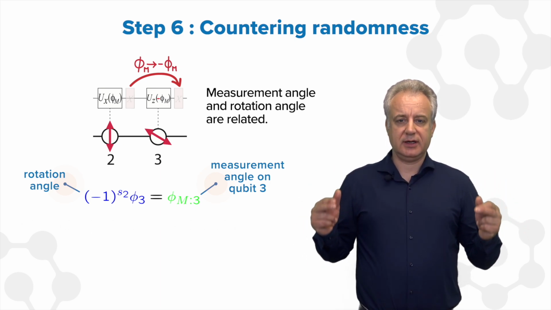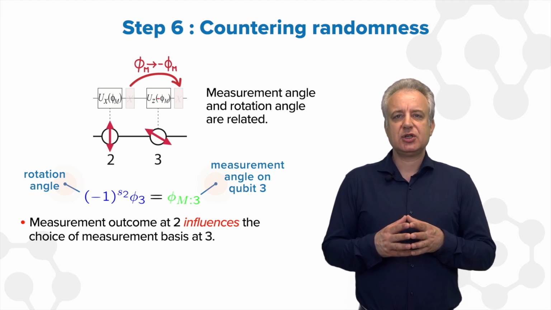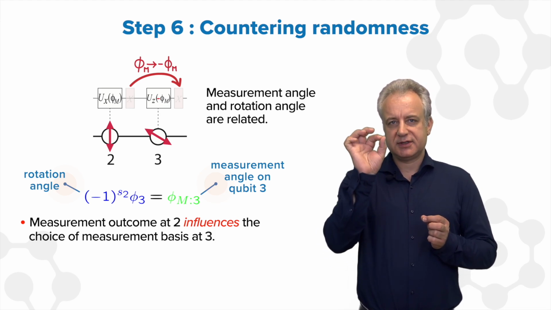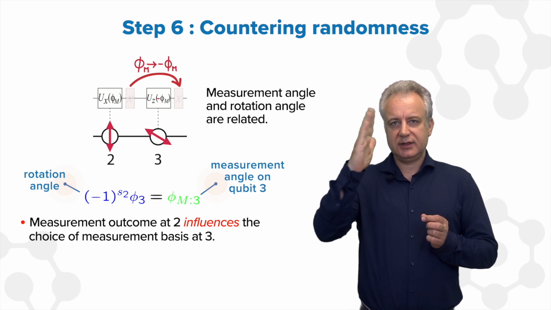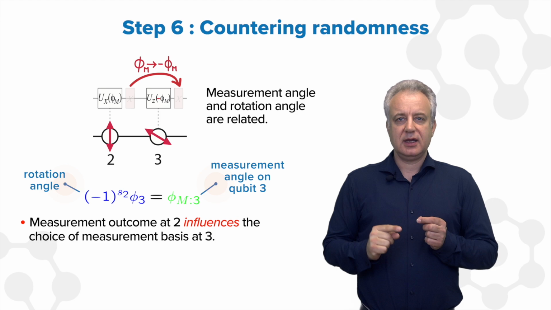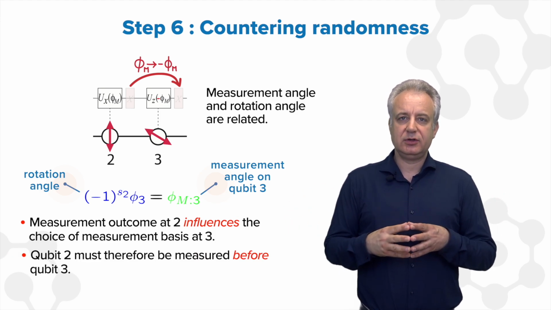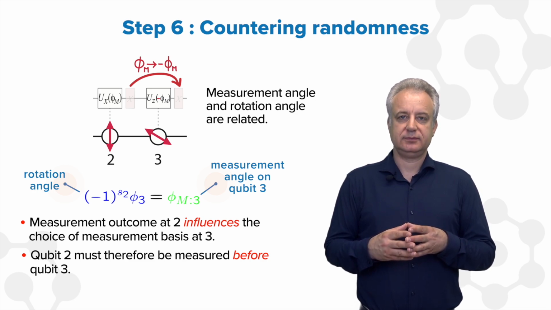So let's summarize. What we have found so far is that the measurement outcome of site number 2 determines the measurement basis at site number 3. And to make this possible, qubit number 2 must be measured before qubit number 3 can.